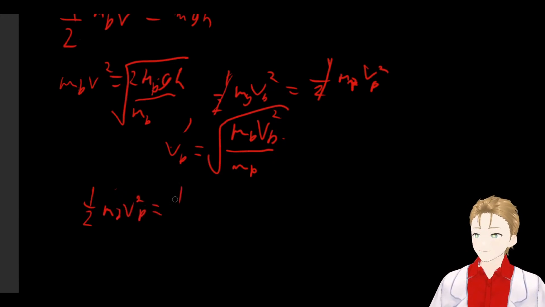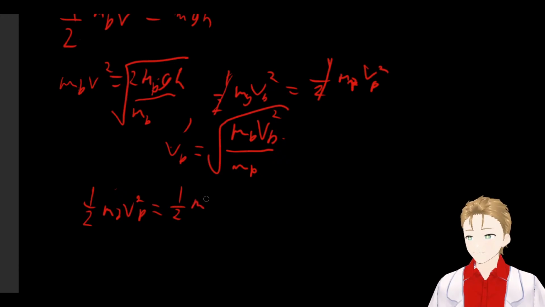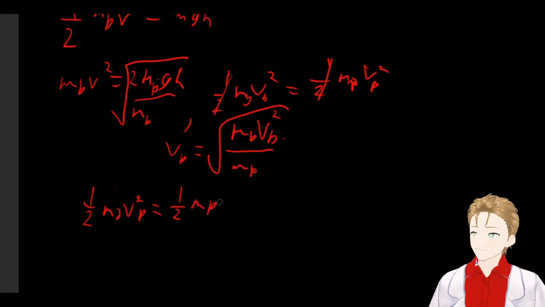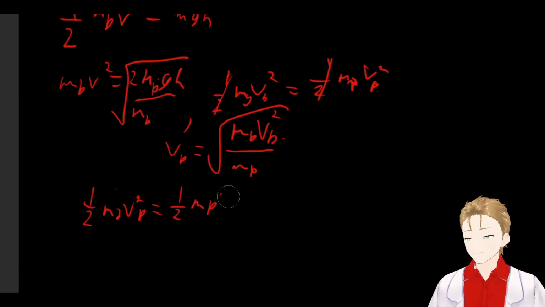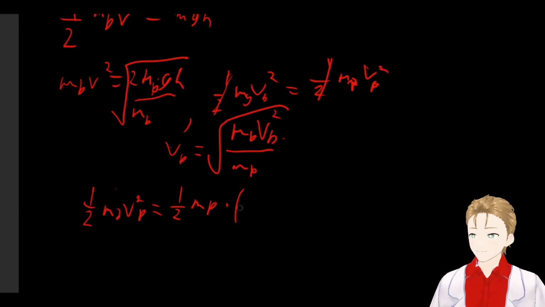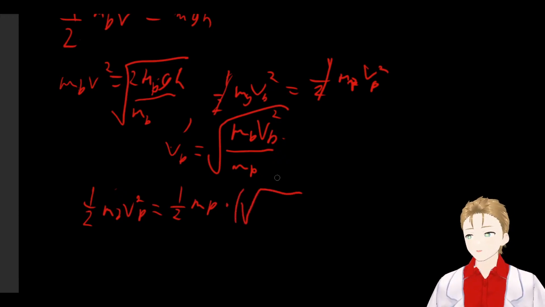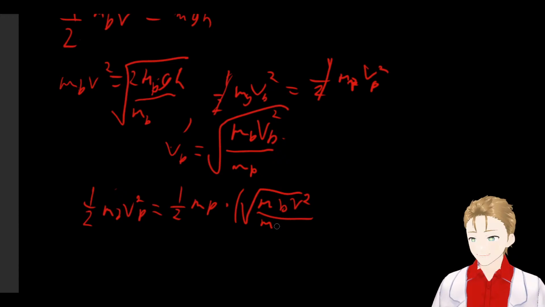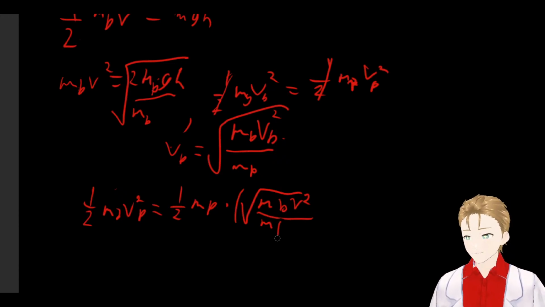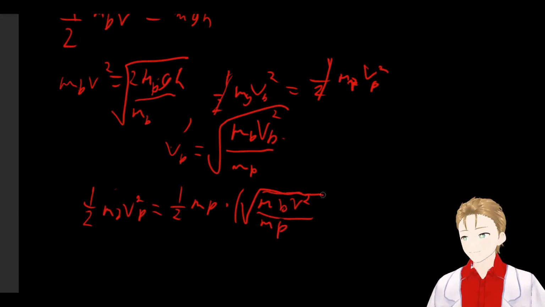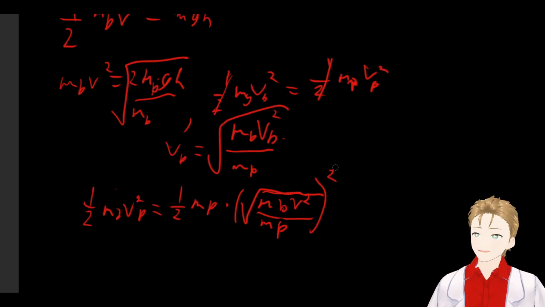P is equal to half P times square root of v_b squared over v_p, pendulum, of the squared.